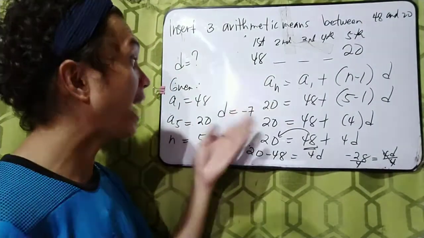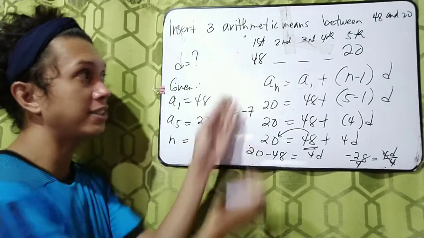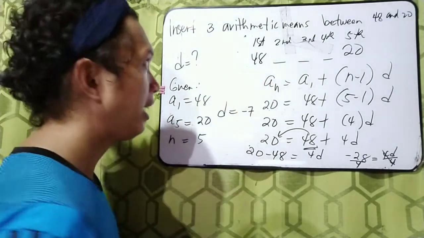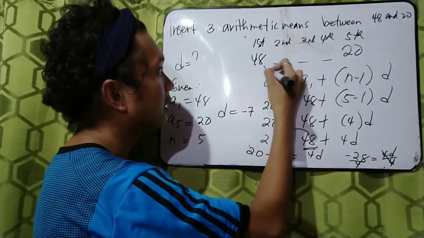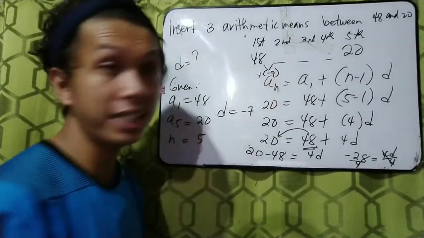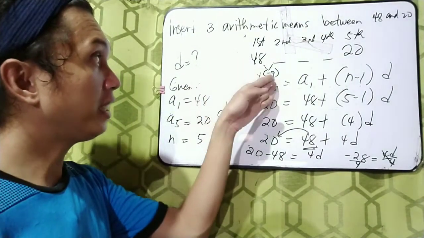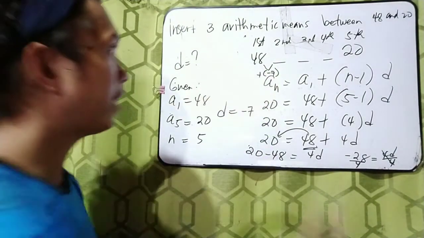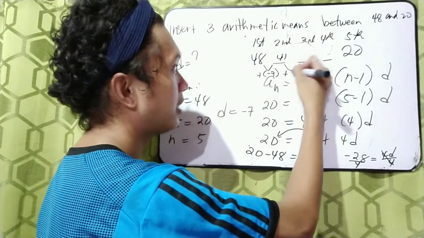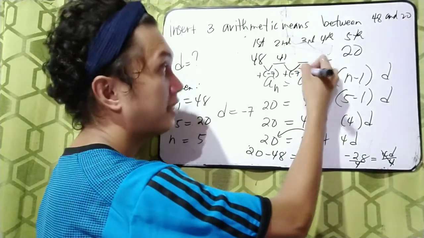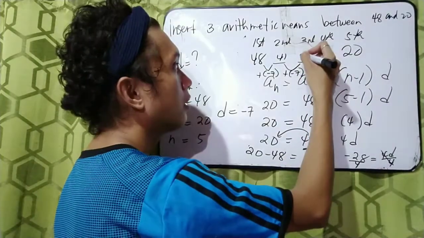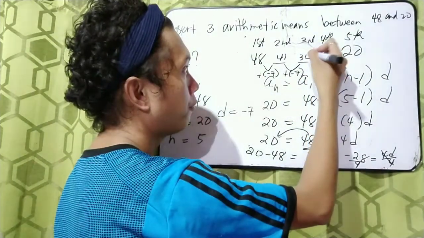Now that we have our common difference, we can now supply the missing arithmetic means. So 48 plus negative 7, that is positive and negative, you subtract, that becomes 41. Next is 41 plus negative 7, that is 34.